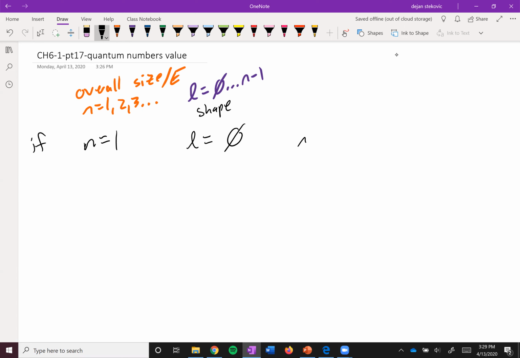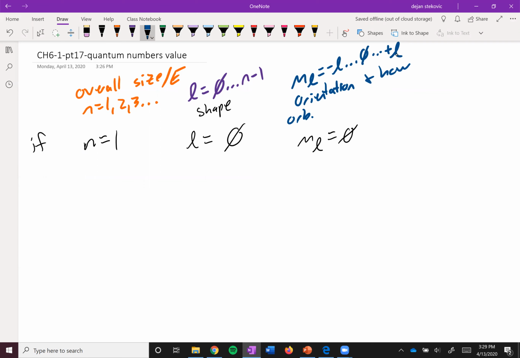And then we have m sub L. Remember, m sub L is equal to negative L to 0 up to positive L. In this case, L is just 0, so m sub L is only equal to 0. And remember that m sub L tells you the orientation of the orbital and how many orbitals you have.